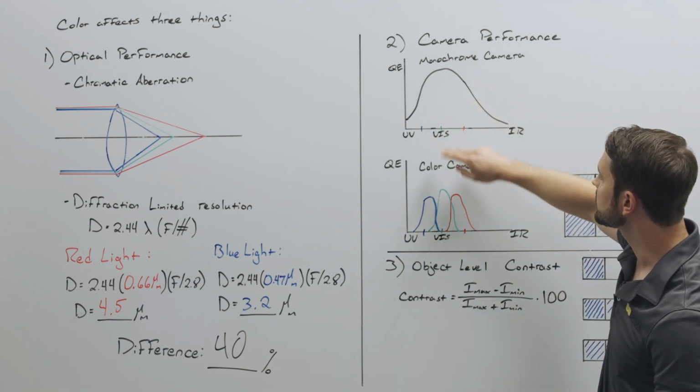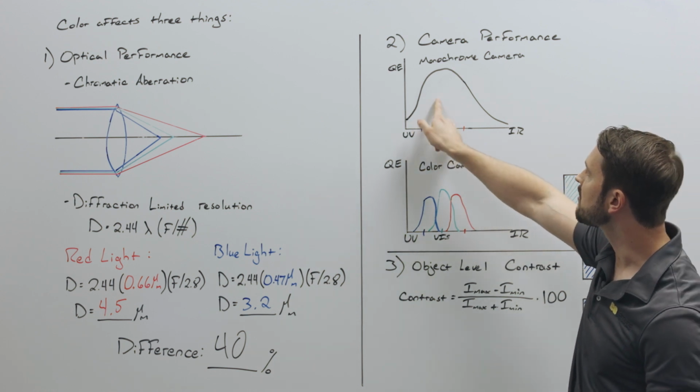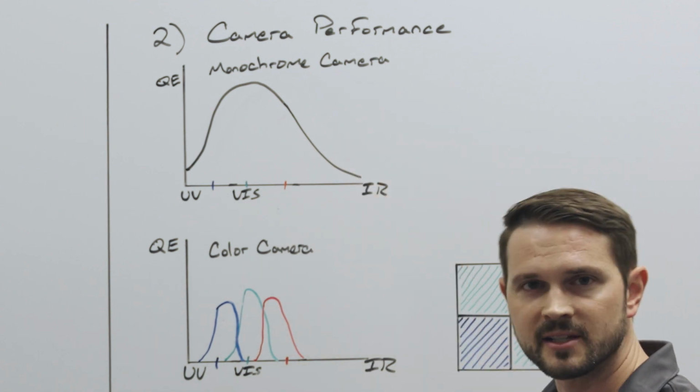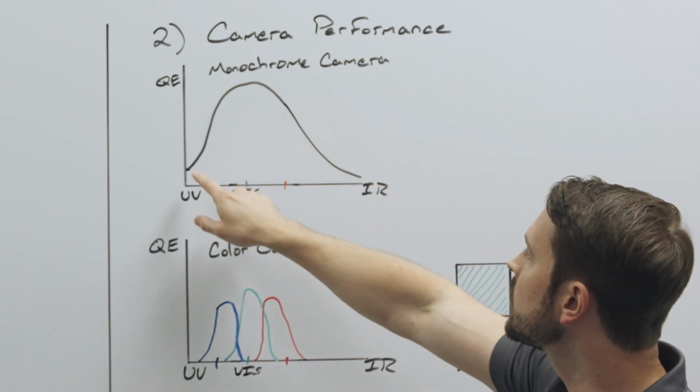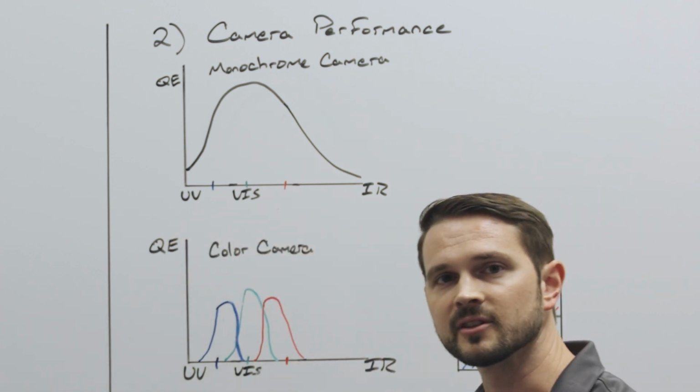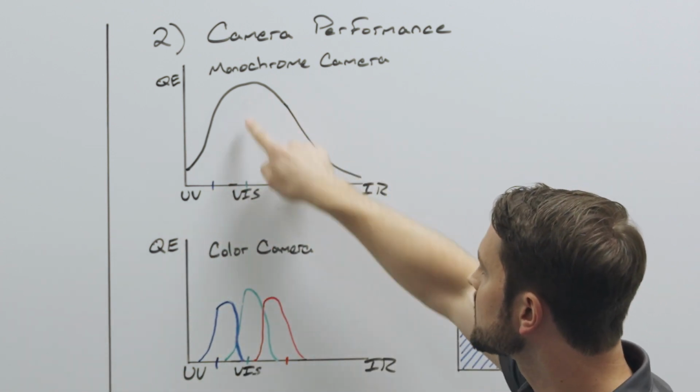But here we have two different quantum efficiency curves, and the monochromatic system is basically going to view all wavelengths kind of on a continuum, right? And so we see that we have a response curve on our sensor that is going to vary differently depending on the wavelength. We see it peak somewhere around the green.